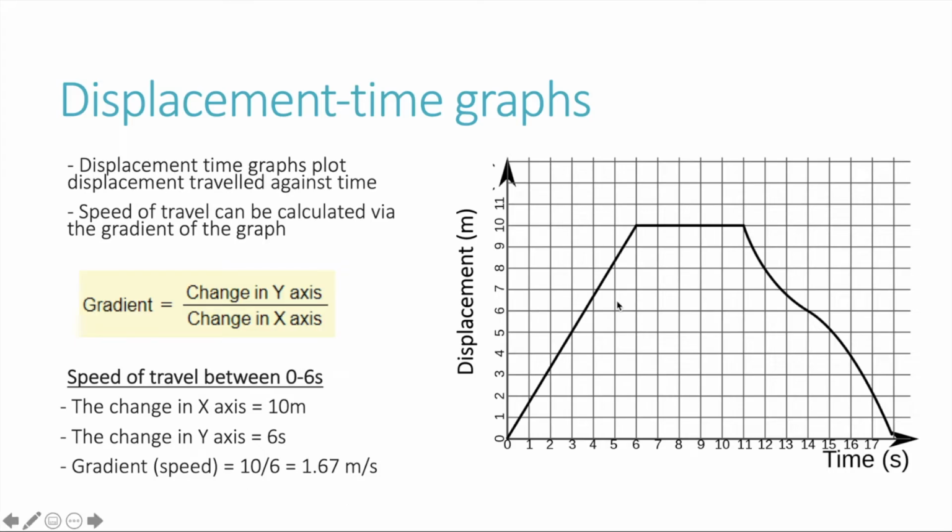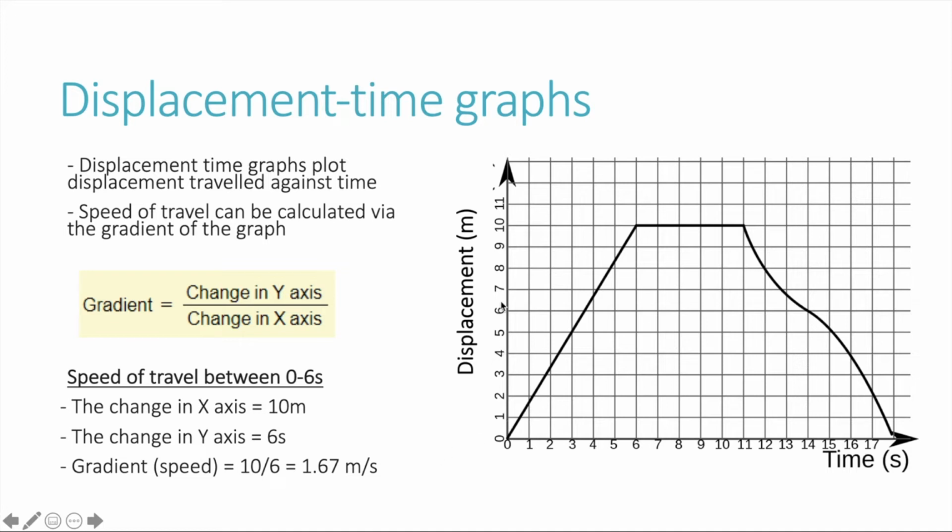And the gradient is simply what you would calculate as the change in y-axis divided by the change in x-axis. So for this particular time frame from 0 to 6, as the displacement goes up from 0 to 10, if you wanted to calculate the speed of the object in this region, you would just need to look at the gradient, which is the change in y-axis.